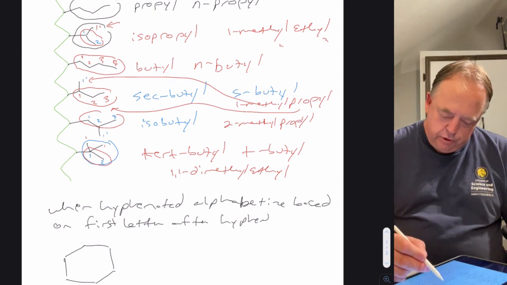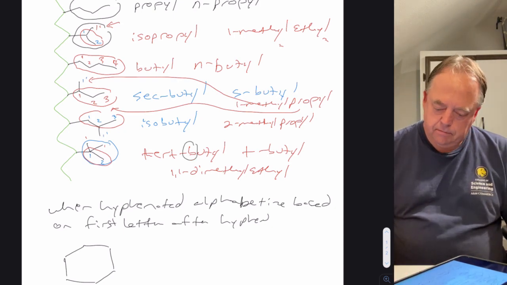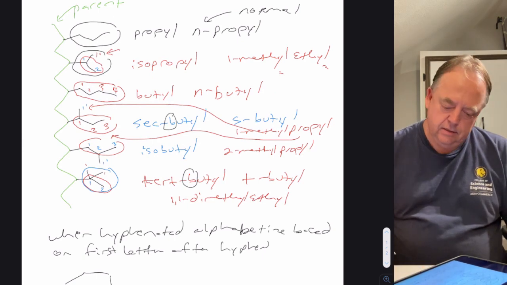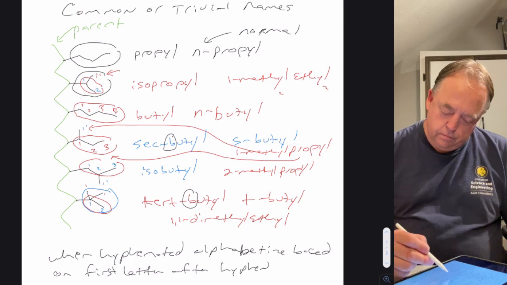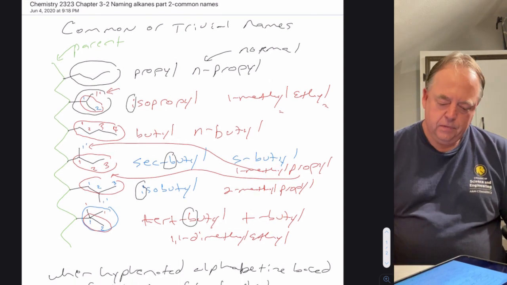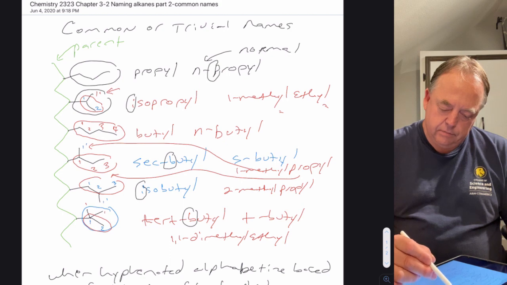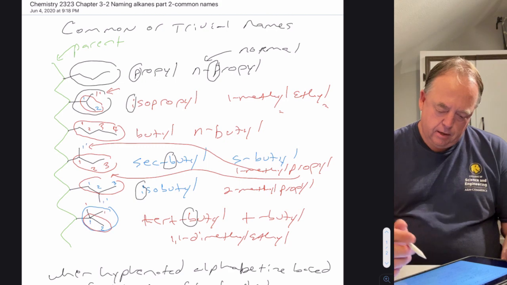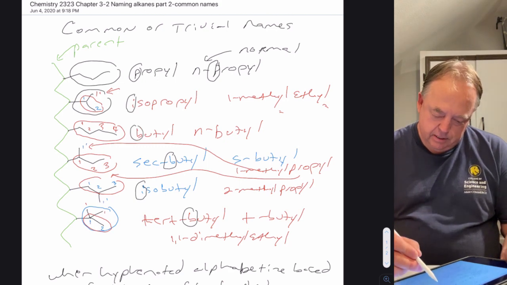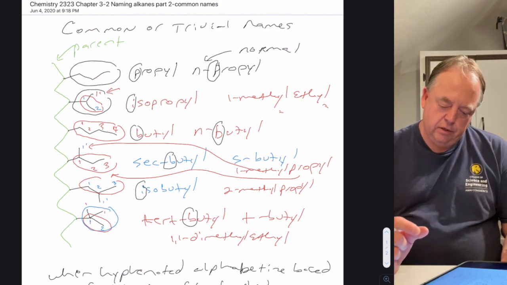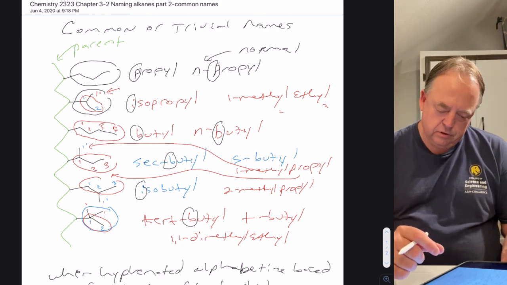So tert-butyl, you ignore the tert and you alphabetize based on B. Sec-butyl, you ignore the S and you alphabetize based on the B. Since isobutyl is not hyphenated, you alphabetize based on I. So same thing with isopropyl, you alphabetize based on I. If N-propyl was used, you would alphabetize based on P, or of course if propyl was used, you alphabetize based on P. And same thing for butyl, alphabetize based on B. So just remember, those that are hyphenated, you ignore the prefix and don't use that to alphabetize.